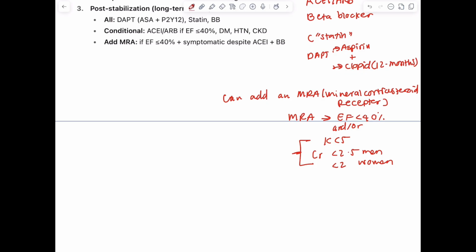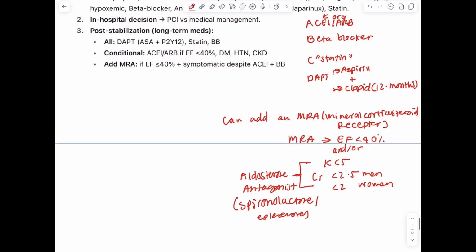Aldosterone antagonists, like spironolactone or eplerenone. My typed-up notes are going to be a lot better.